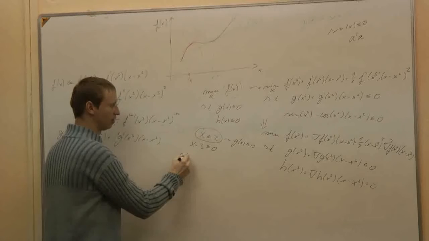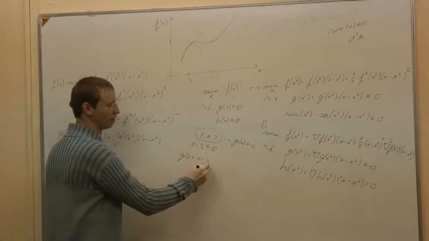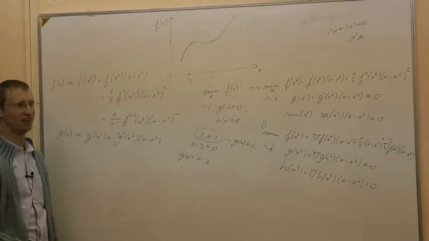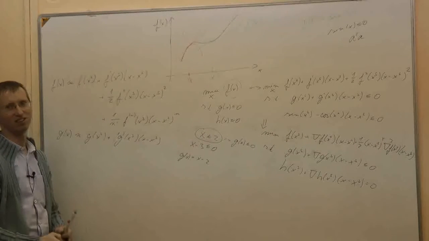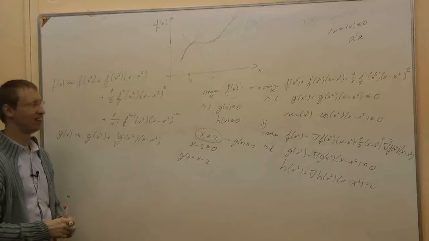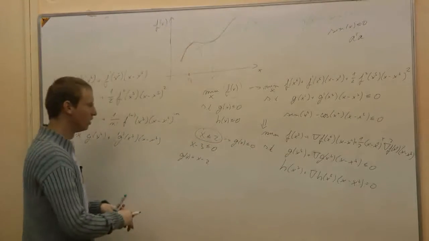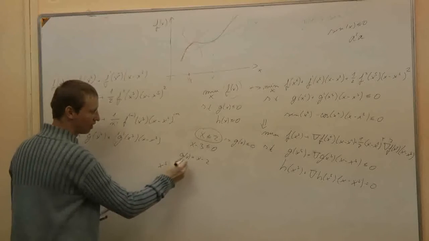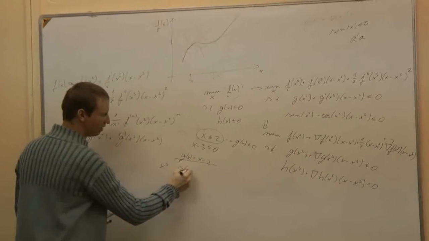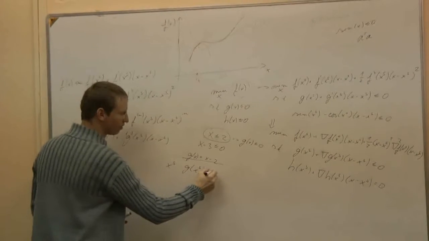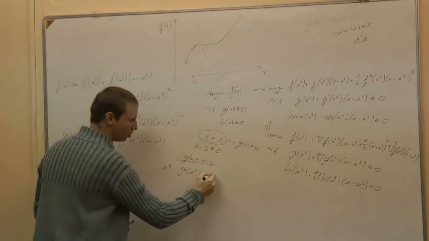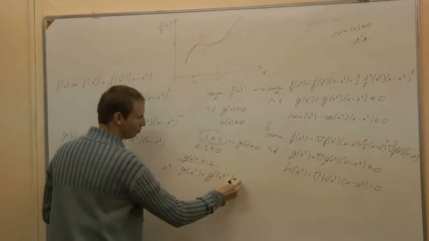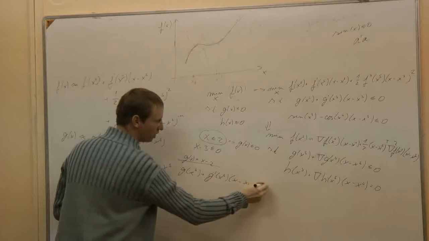The g of x in the first constraint is x minus 2, right? What is the linearization of this constraint? Look here, okay? So let's assume that we are at some point xs. We are going to linearize this constraint as g of xs plus the derivative, since we have only one optimization variable, times x minus xs, and that should be smaller than 0.